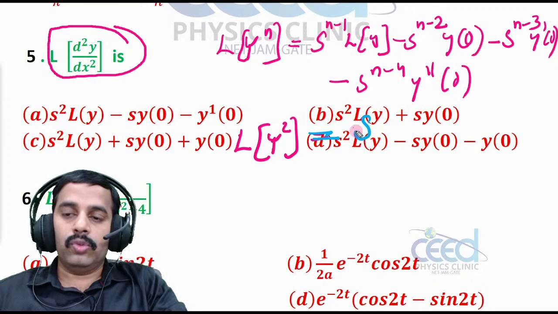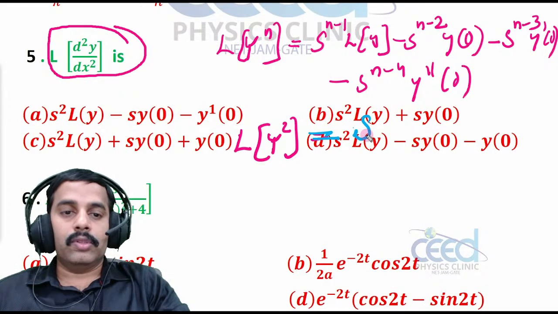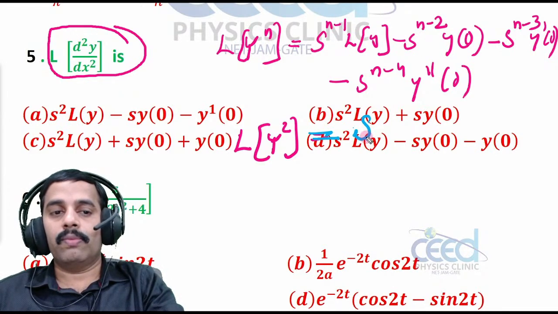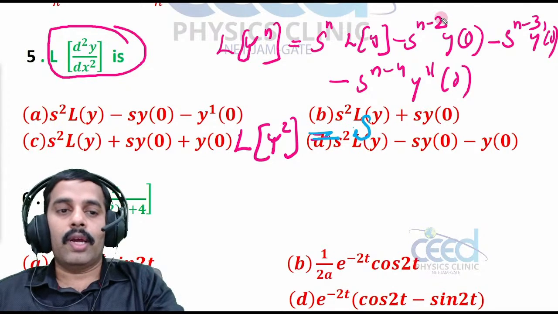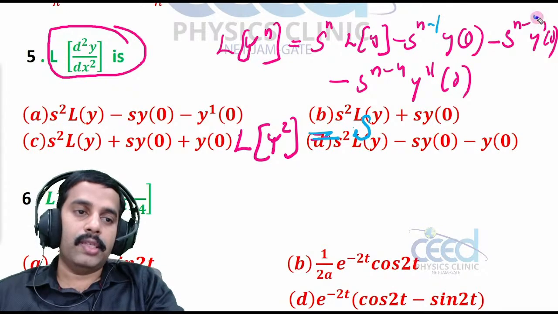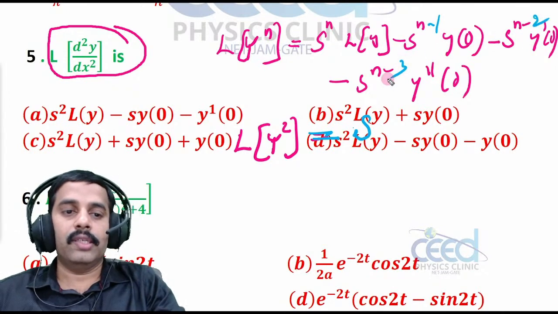It is s raised to n Laplace of y, I'm sorry, it is s raised to n Laplace of y, minus s raised to n minus 1 y of 0, minus s raised to n minus 2 y dash of 0. The series goes like this, right?